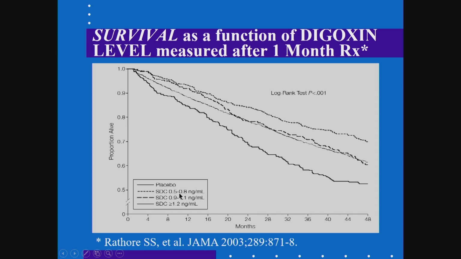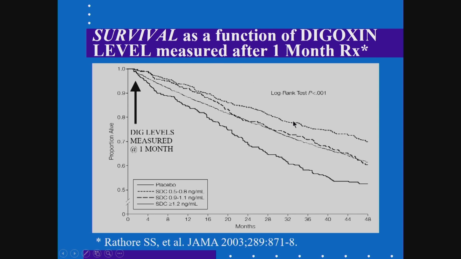Low levels of 0.5 to 0.8, intermediate levels of 0.9 to 1.1, and high levels greater than 1.2 nanograms per ml. Now, you see that survival changed based on the digoxin levels and the range of digoxin levels that were measured actually at 1 month into the trial.